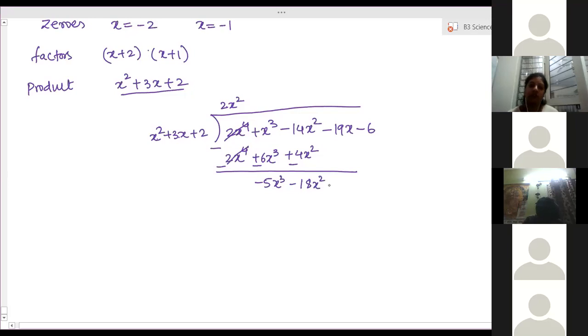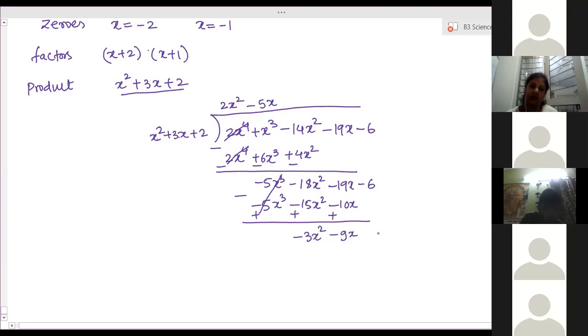Minus 18x squared minus 19x minus 6. Then next is minus 5x. Minus 5x into x squared is minus 5x cubed, minus 5x into 3x is minus 15x squared, minus 5x into 2 is minus 10x. Subtraction, sign will change. This gets cancelled. Minus 18 plus 15 is minus 3x squared, minus 9x minus 6.